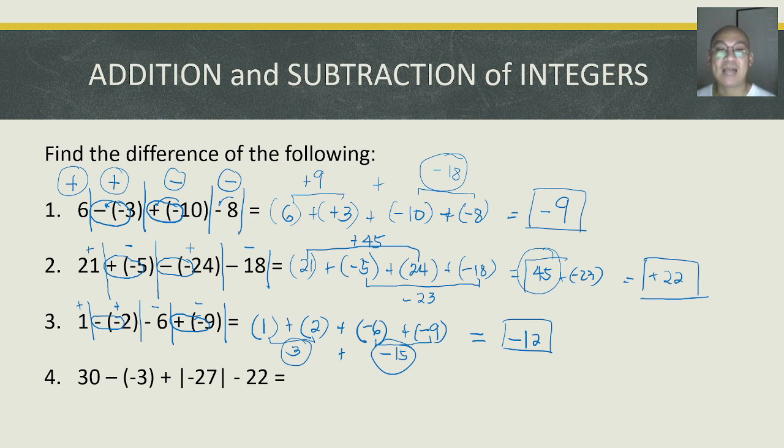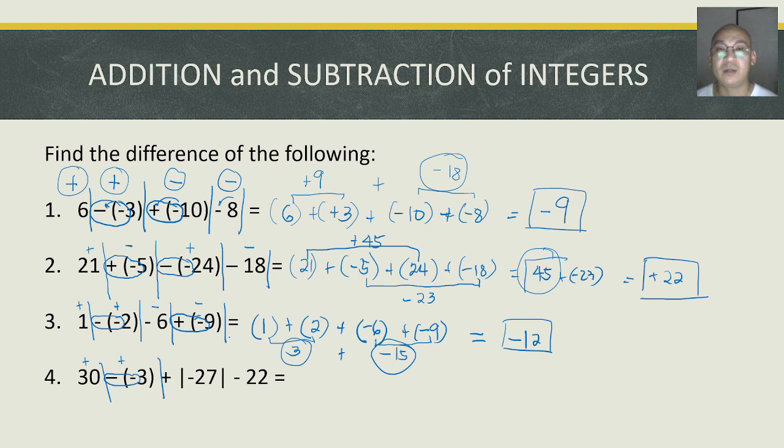Another one. Last example 4. 30. Let's get the sign of 30. That is positive. For the 3, we have 2 signs which is the same and that will be positive. And in this example, we have here a symbol of absolute value. If you are not yet familiar with the absolute value, I have another video lesson with regards to the absolute value.